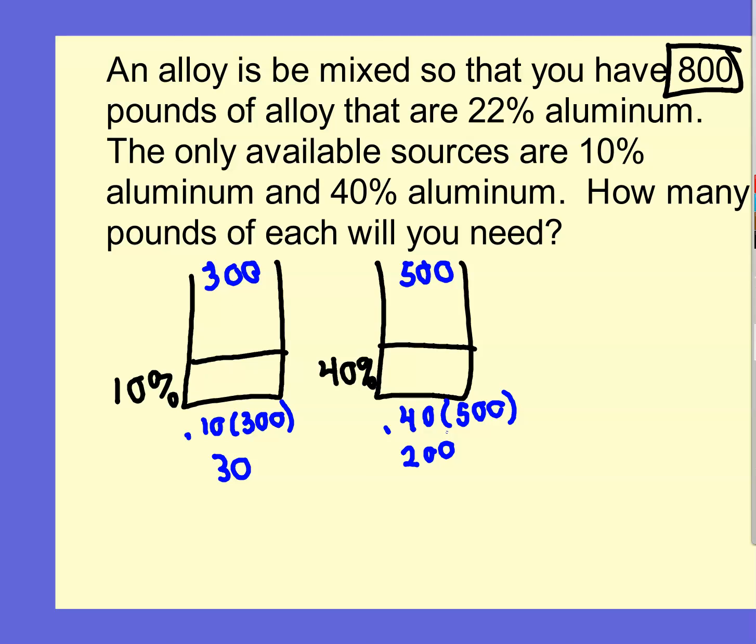Well, here's the thing. I don't see anywhere in here where it tells me how much aluminum I need. I don't need 0.22. That'd be 0.22 pounds of aluminum, and that's not nearly enough.